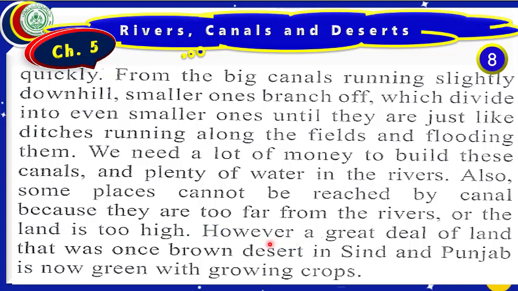However, a great deal of land that was once brown desert in Sindh and Punjab is now green with growing crops. Dear students, it is difficult to provide water from the river to everywhere in the country, but it is possible. When we spend money after hard work, we can provide river water to the fields, to the crops with the help of canals.